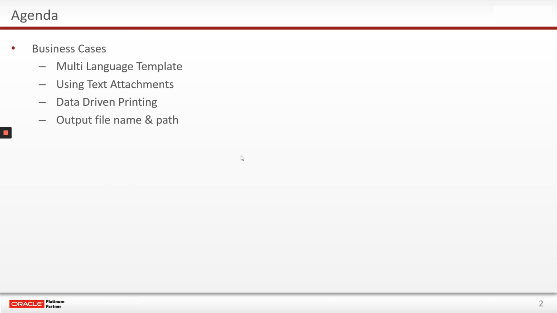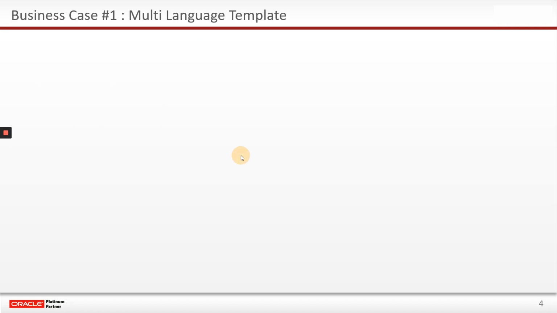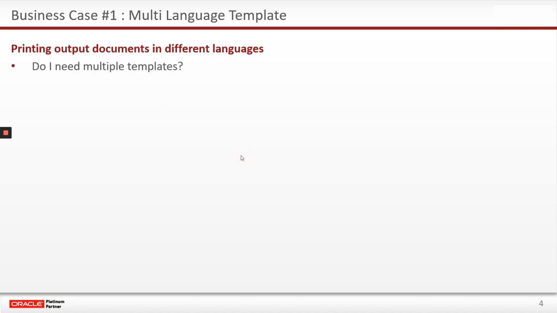Let's start with the first business case, which is about the use of multi-language templates. The typical question that comes to me from customers when they have to create documents in different languages is, do I need multiple templates for that?